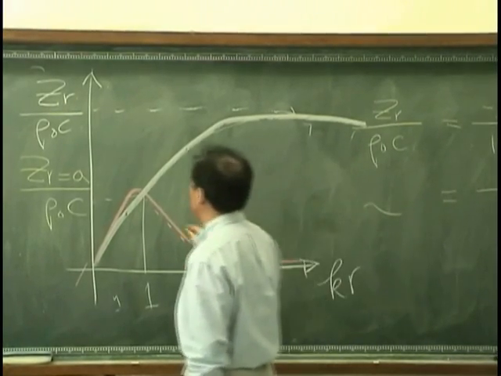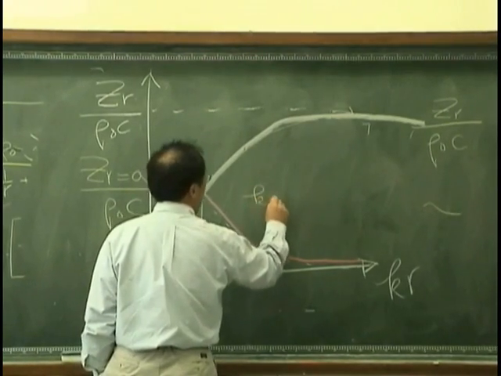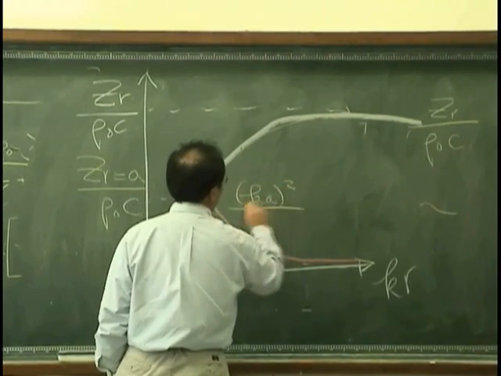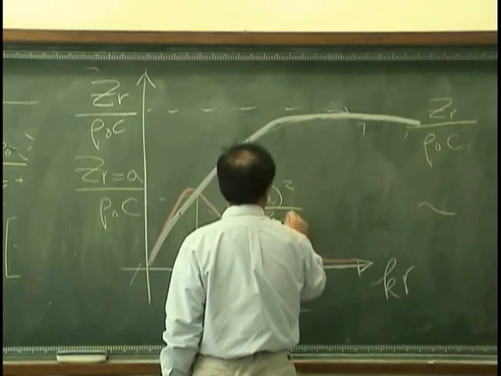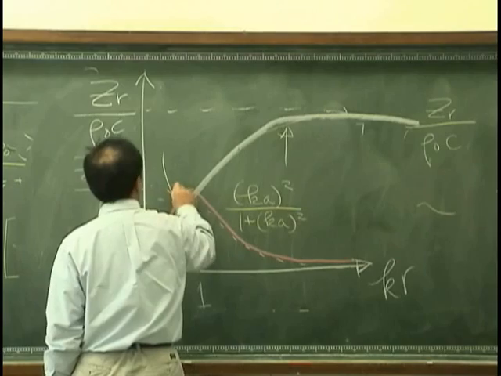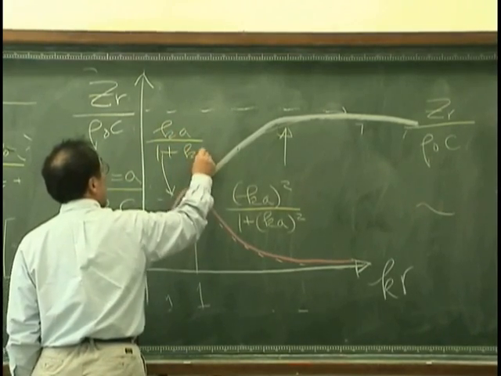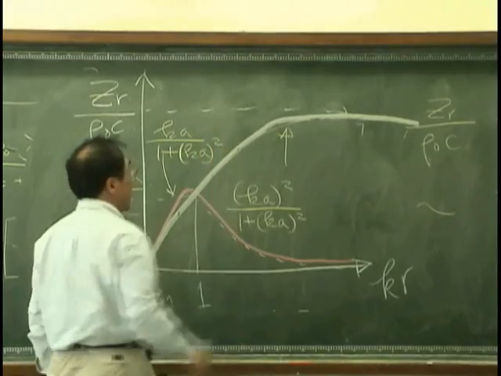Okay, that means this one is Ka square over 1 plus Ka square, Ka over 1 plus Ka square.